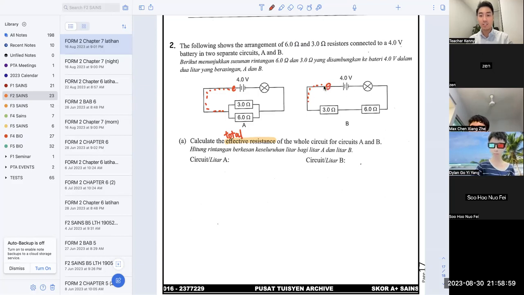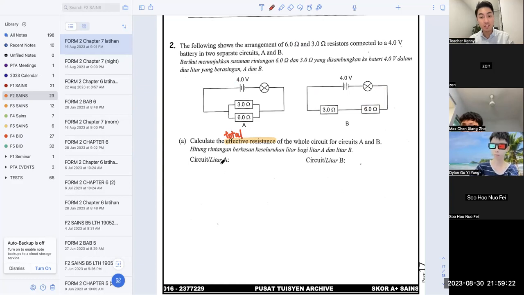If you walk here, or you walk here, which one do you have to fight more resistance? A lot of you say A. Don't worry, we do the calculation and then we'll see.